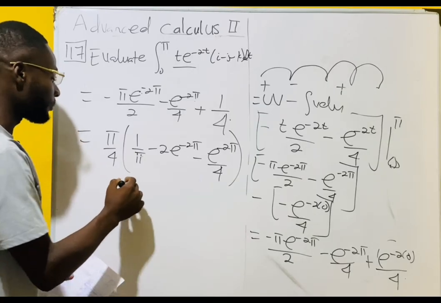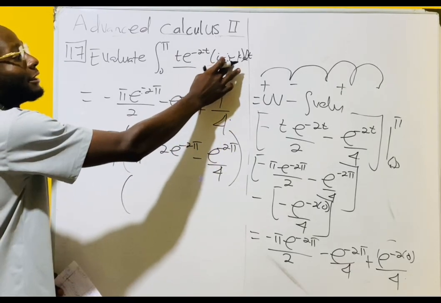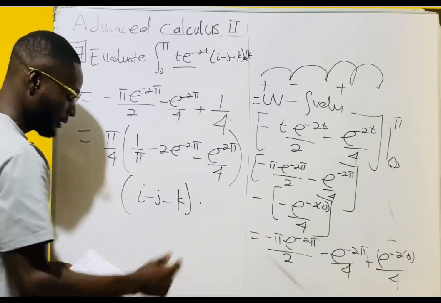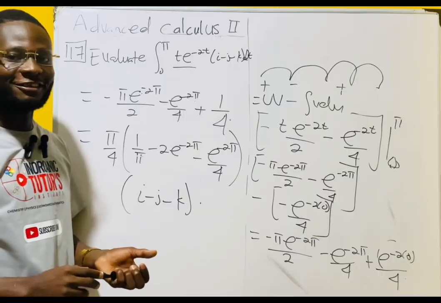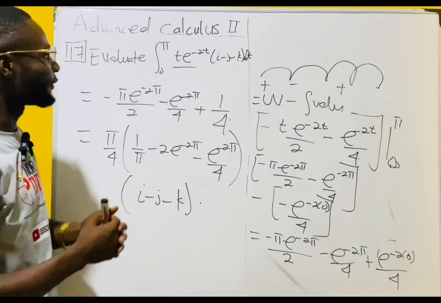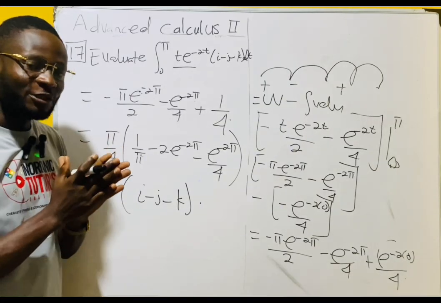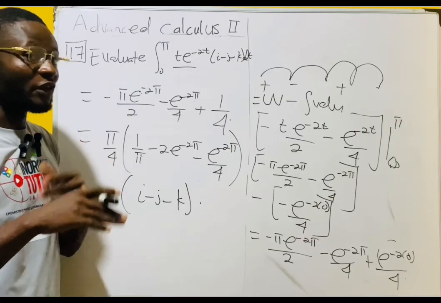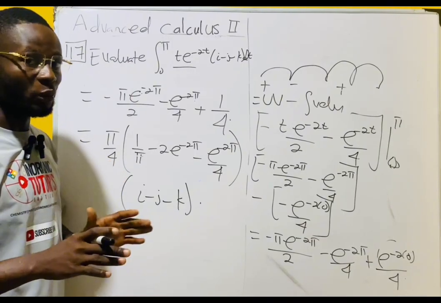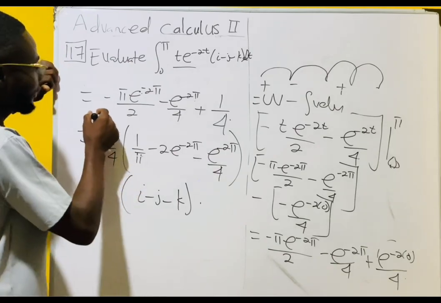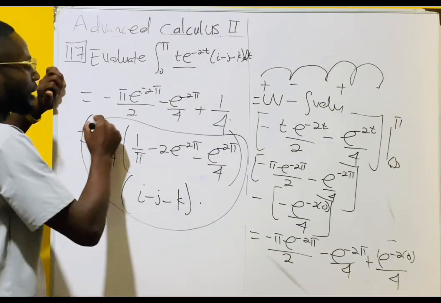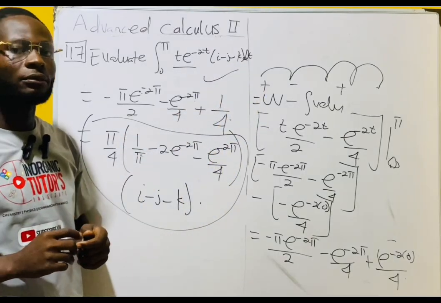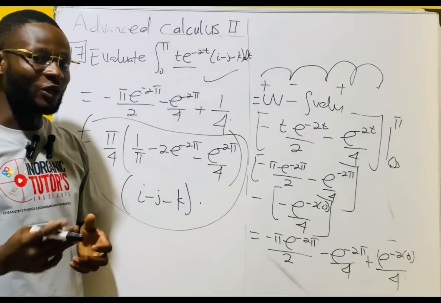And this all is multiplied by the i, j, and k. So we have i minus j minus k. And that becomes our solution. So simple, right? So always when it comes to objective and you have two functions multiplying, you want to integrate, try to use the DI method, and it's going to make it work so swift. So this is the final result for evaluating this integrand.